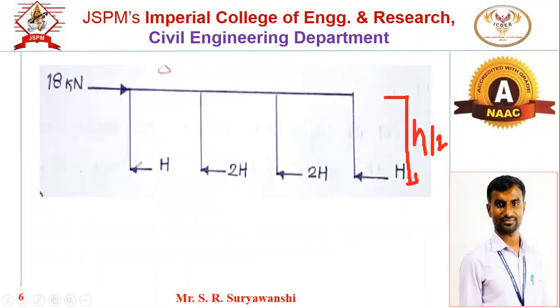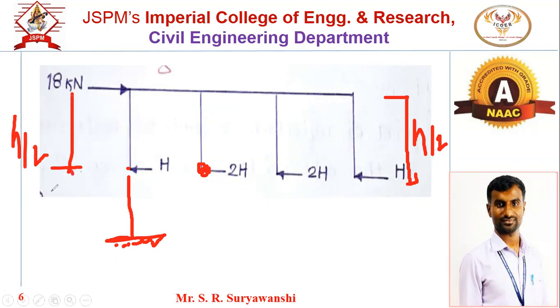These are the points of inflection for the columns. Suppose this is the fixed support, and I have taken the section here at mid height of each column. Suppose height h is 4 meter, now this distance will be 2 meter, or height divided by 2. This is the point of inflection.